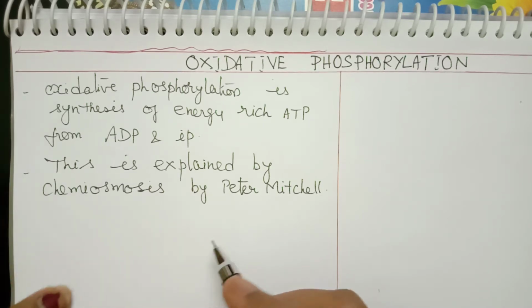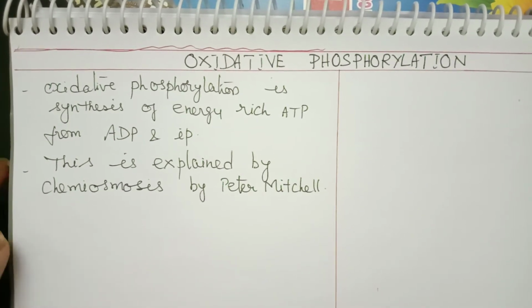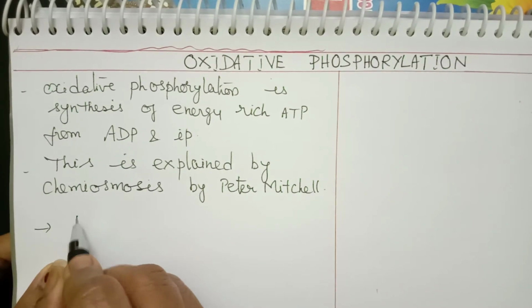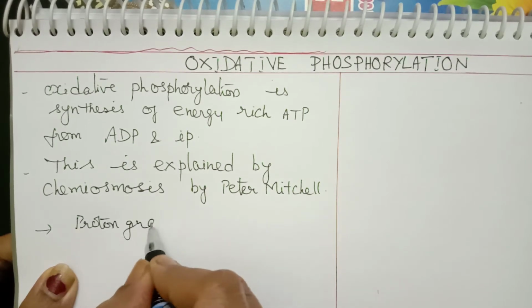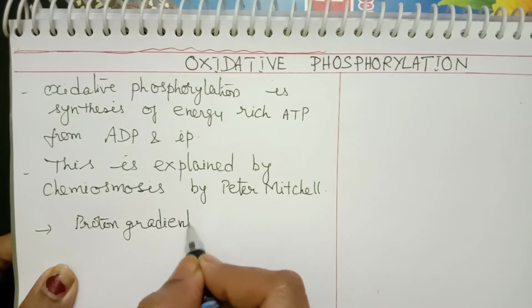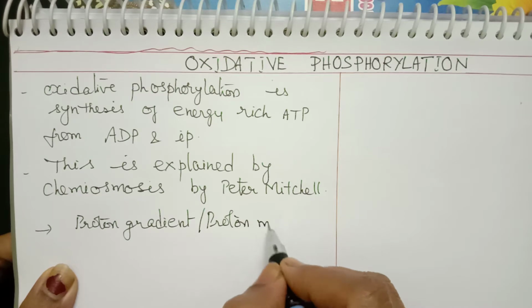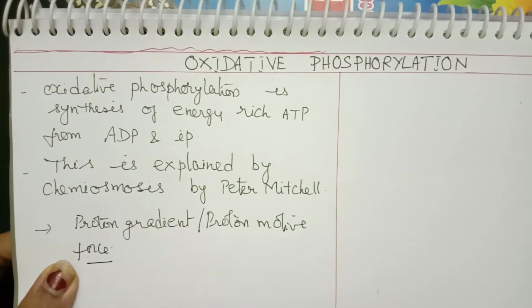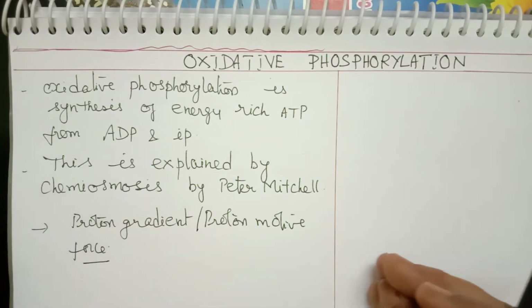Oxidative phosphorylation in the electron transport chain we already discussed. It mainly operates because of a proton gradient, also called the proton motive force. A proton gradient is created in the intermembrane space.